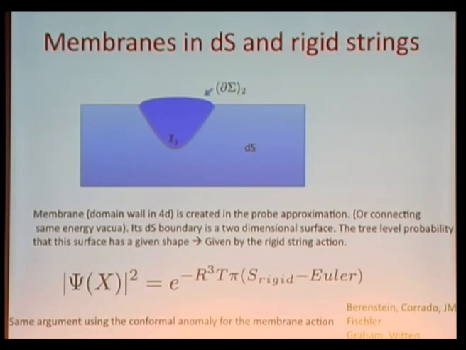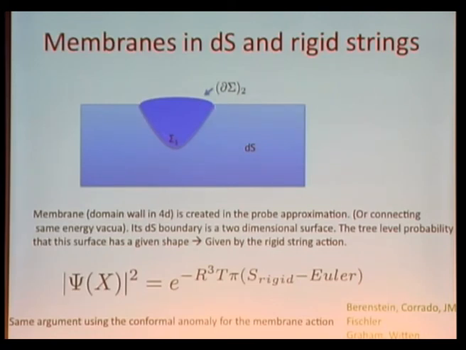And then there is the other relationship, which is similar to the one I discussed between 5 dimensions and the conformal anomaly, which arises if you have a membrane in de Sitter or anti-de Sitter. Imagine you create a bubble wall that is separating two vacua, with either very similar cosmological constants or the same cosmological constant, so that we can treat the brane in a probe approximation.